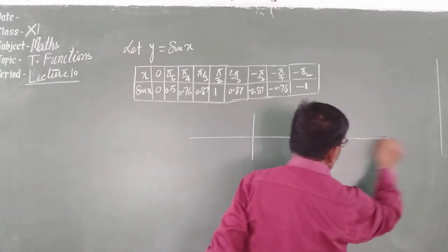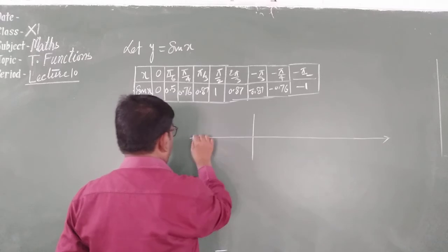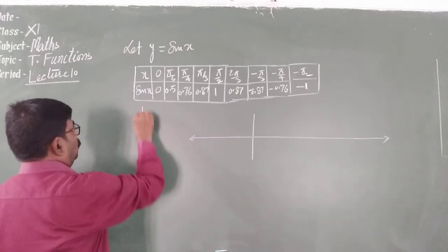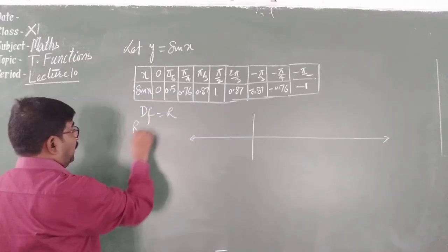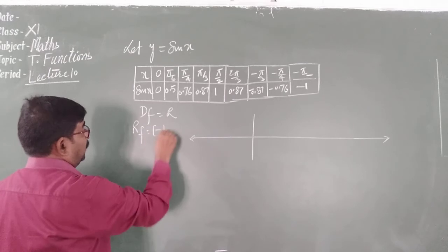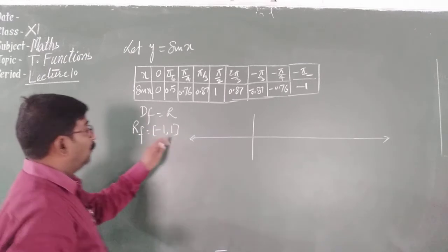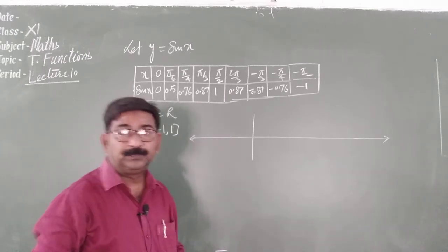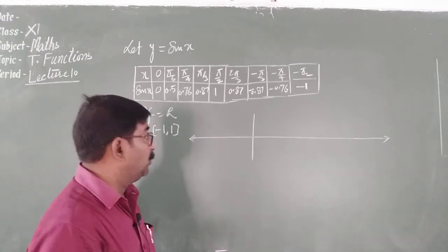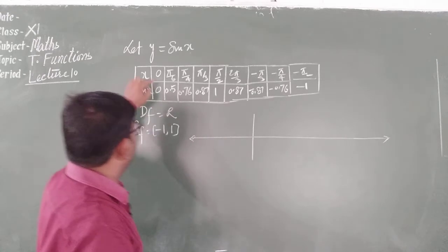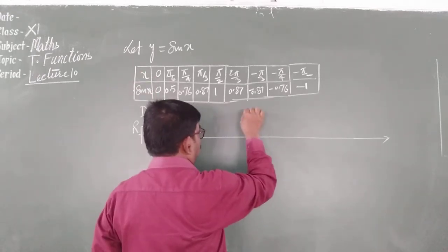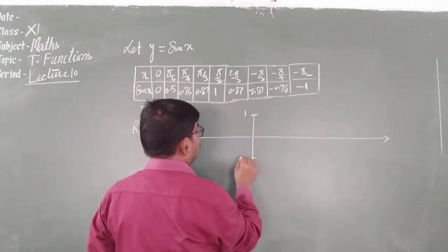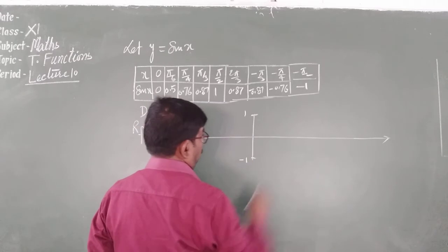so already we are aware that the domain of the function is all real and the range of the function is minus 1 to 1, where minus 1 and 1 are included. Let's see. Suppose this is plus 1. This one is minus 1.